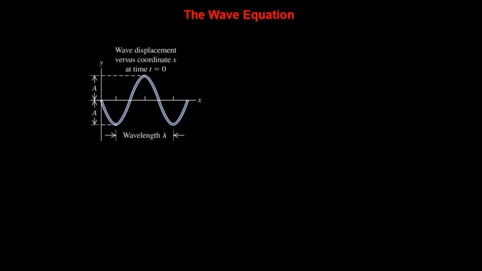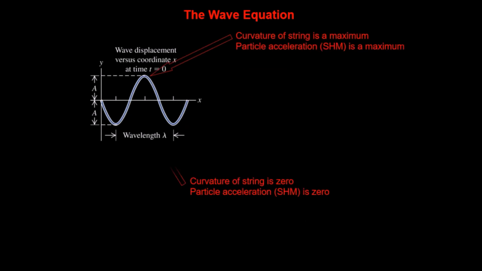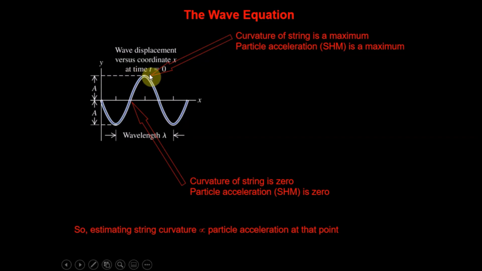So if we take a look at our wave, we can say here that the curvature of a string, so here we're setting up a system where the wave is essentially moving down a mechanical medium, such as a string. The curvature of the string is a maximum right here at the top, where particle acceleration during our simple harmonic motion is also a maximum.